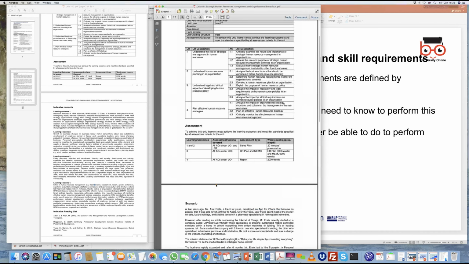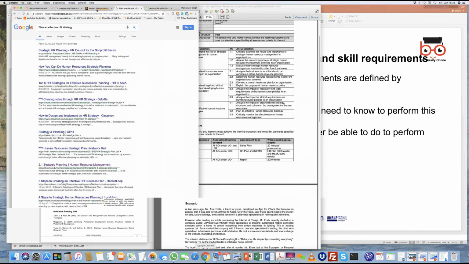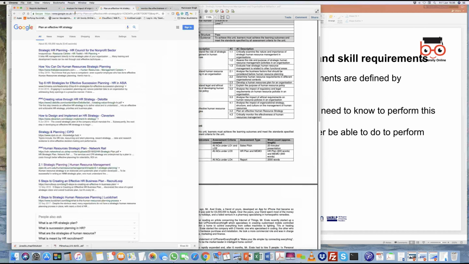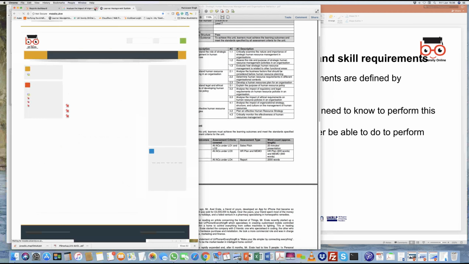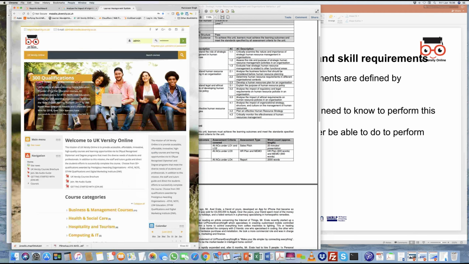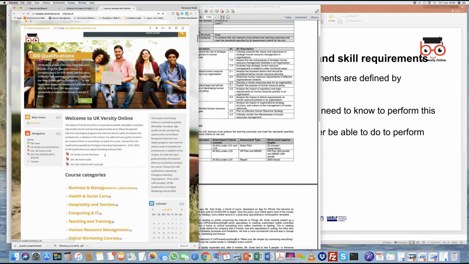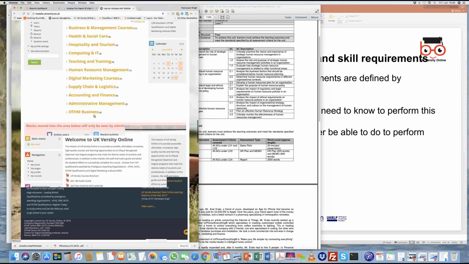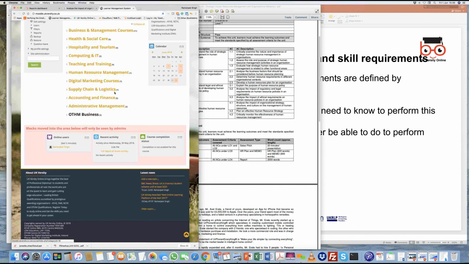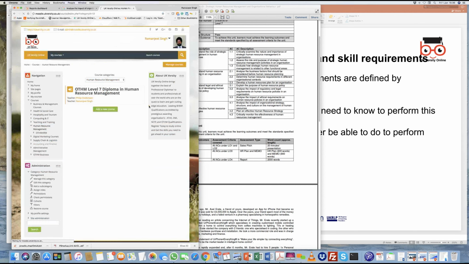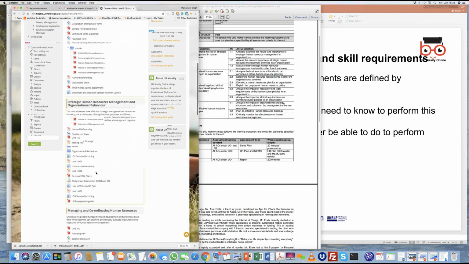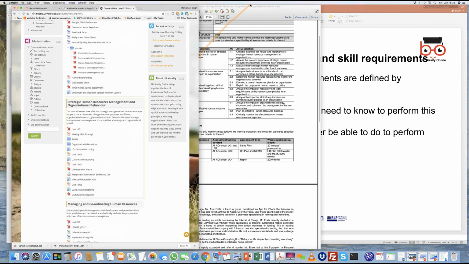Okay? So here what I'm going to do is, if I look at, just very briefly, Moodle, and then see the assignment brief is uploaded. So in the first one, what I'm going to do is close that.